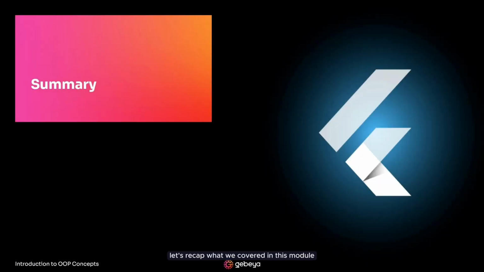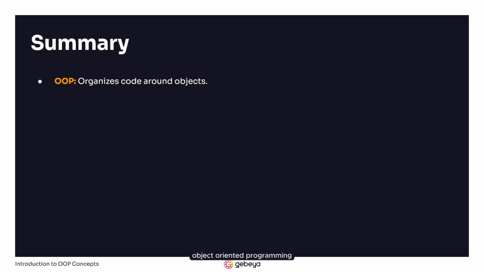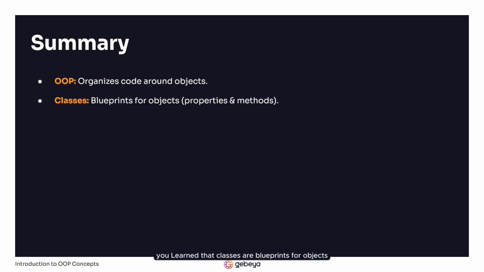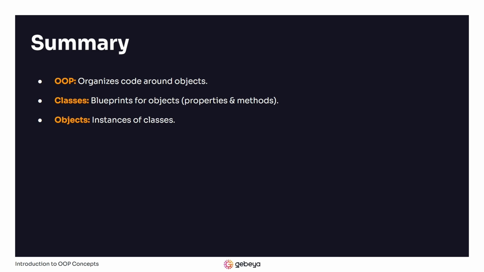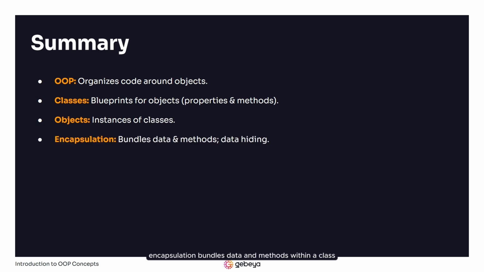Let's recap what we covered in this module. Object-oriented programming organizes your code around objects. You learned that classes are blueprints for objects, containing properties and methods, while objects are the actual instances of these classes. Encapsulation bundles data and methods within a class while protecting data through hiding.